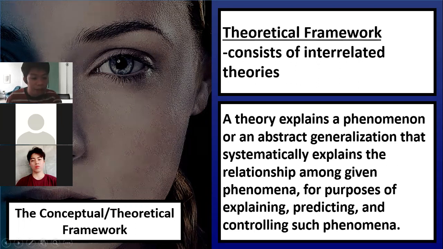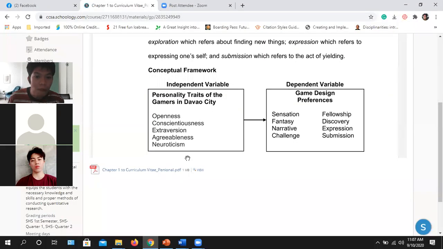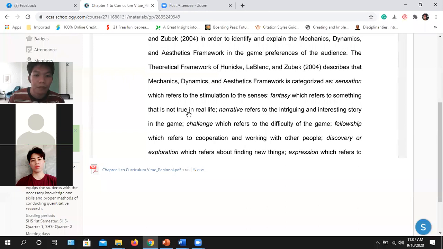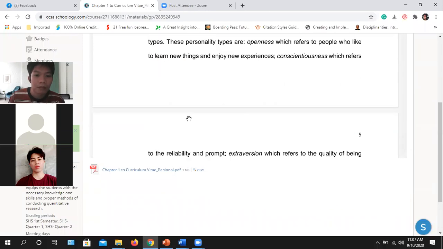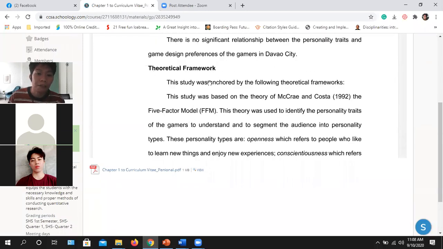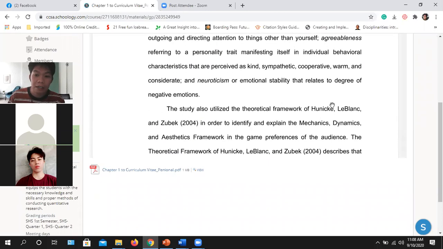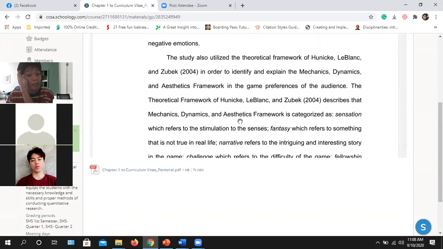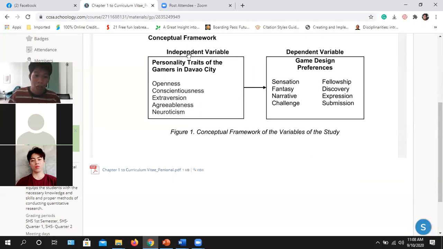Kasi ito like, let's go back to the sample. Sa theoretical framework, yung ginamit is yung 5-factor model at saka itong MDA or Mechanics, Dynamics, and Aesthetics framework. So dapat mag-reflect siya dire sa inyong conceptual framework.